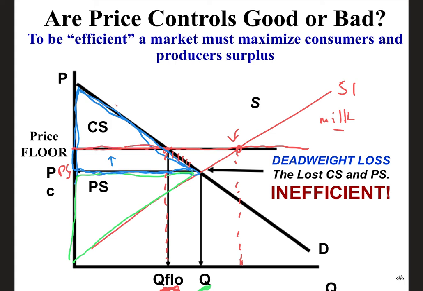The new price is here, so this is going to be the bottom of our consumer surplus, and our consumer surplus is going to be this red area rather than the blue area, okay? And so we might note, wow, we have some lost consumer surplus, right? Consumer surplus that used to exist in this blue area. Now what I'm outlining in the yellow, this trapezoidal shape, this is lost consumer surplus.